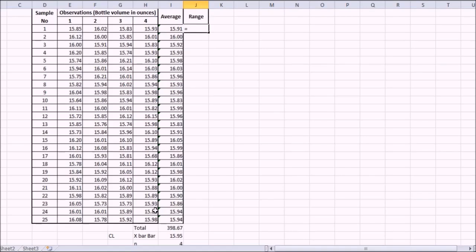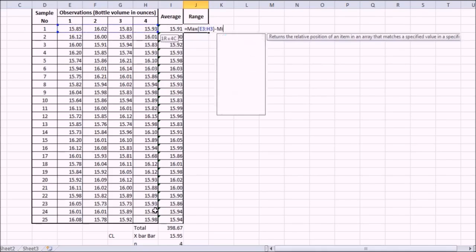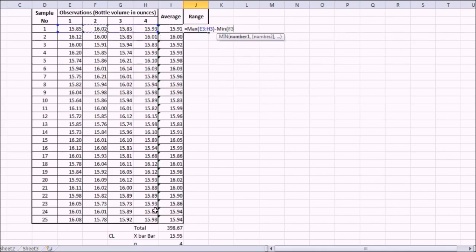So we take the maximum of these four and subtract the minimum value of these four, and similarly we can calculate the range of all of these.